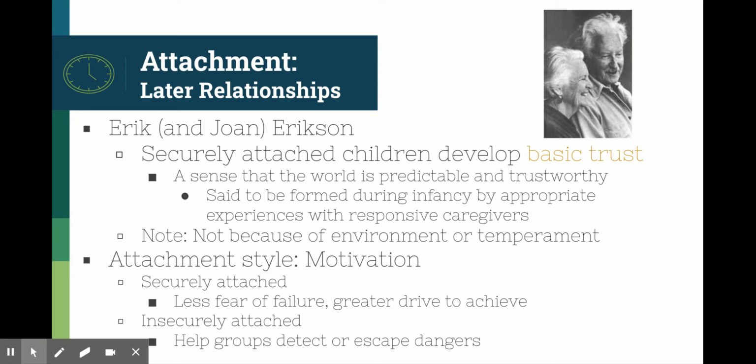And then finally, when we look at the difference in people's attachment and how it relates to motivation, securely attached children are less fearful of failure and have a greater drive to achieve compared with insecurely attached people. And both have their pros.